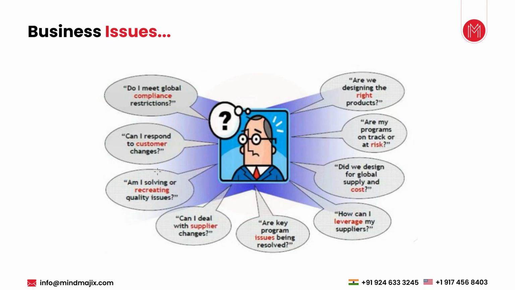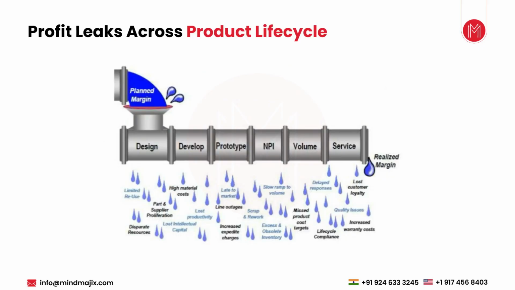So these are business issues if we try to manage our own product, or rather the products are getting complex, so all their information must be in one stop or at one place, which eventually leads to profit leaks, right?